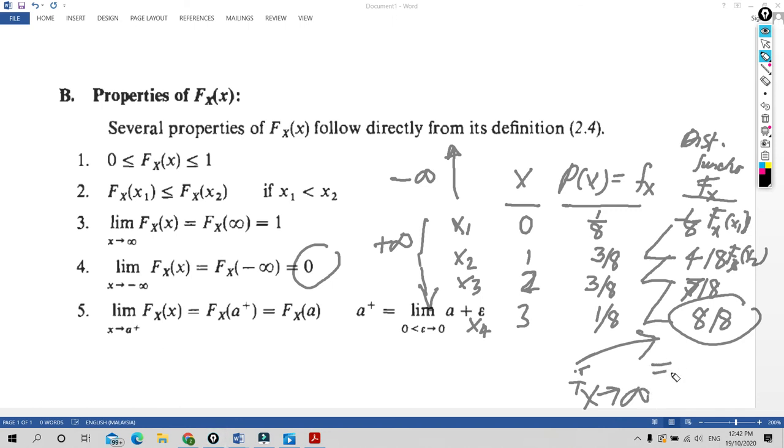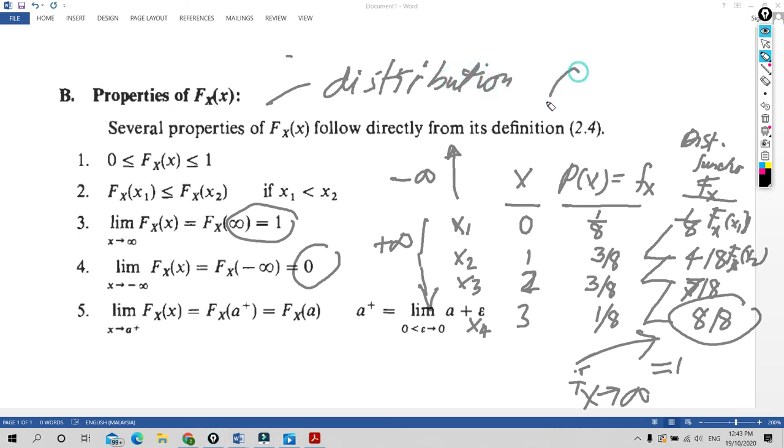This is equal to 1. This is how we define the several properties of a distribution function.